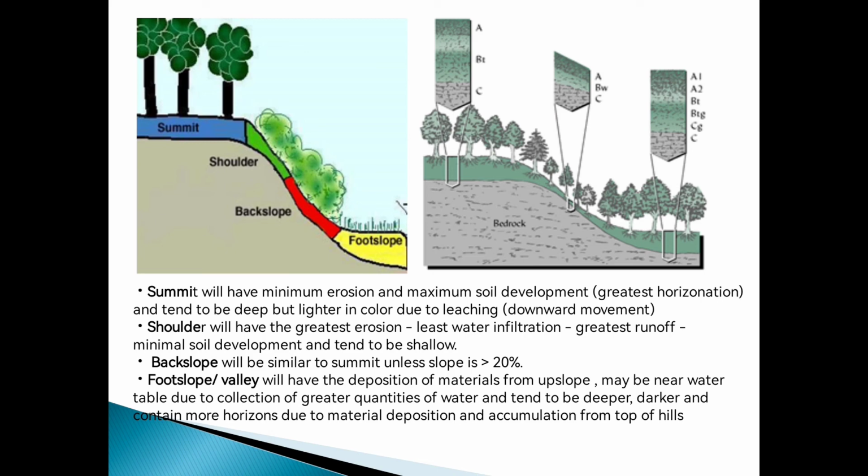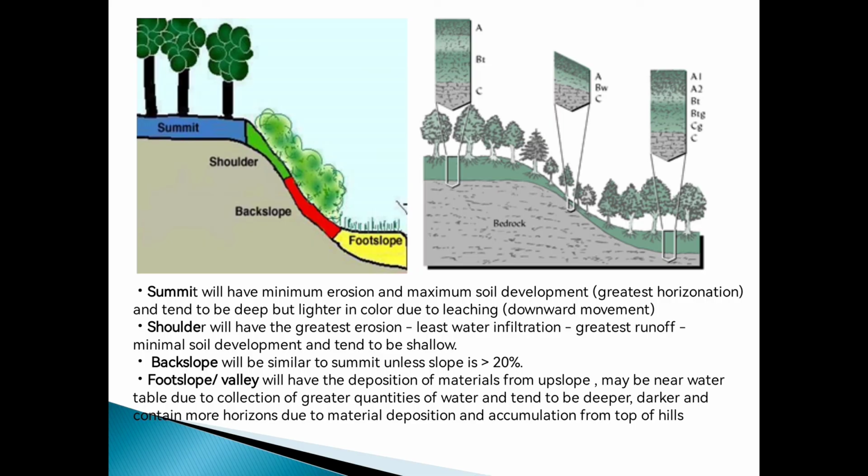And then we also have the shoulder. Shoulder will have the greatest erosion, so there will be least water infiltration, the greatest runoff, prone siya for erosion, and there will be a minimal soil development and tend to be shallow. The back slope, on the other hand, yan sa may red part, will be similar to summit unless slope is more than 20%. And then we have the foot slope or valley.